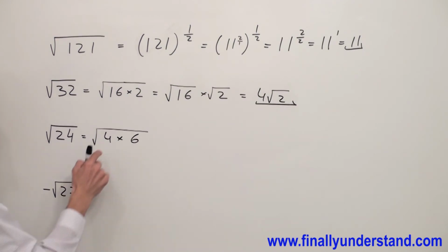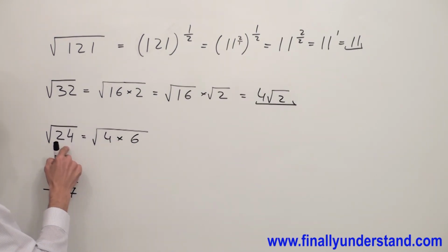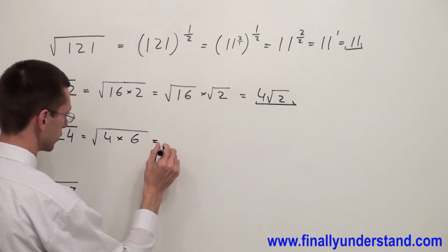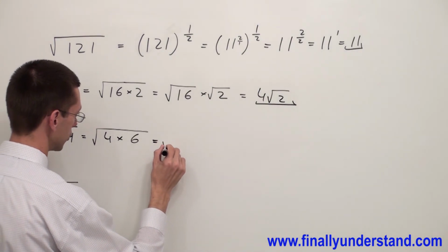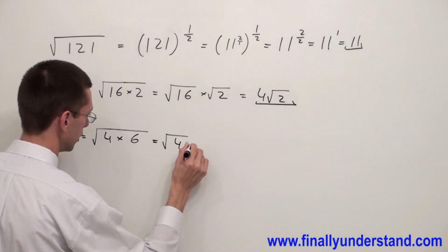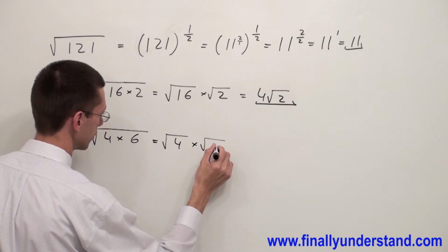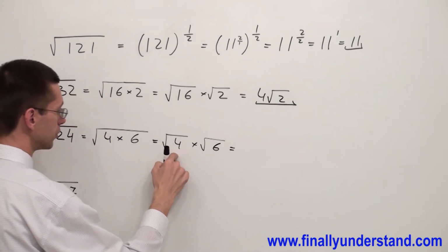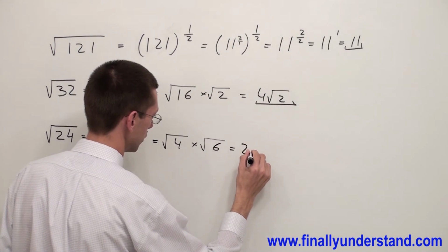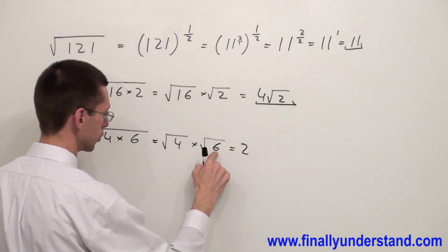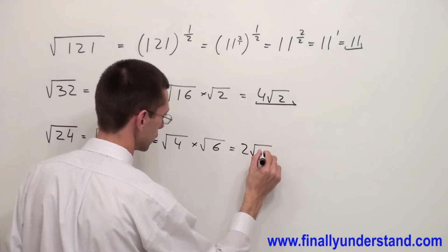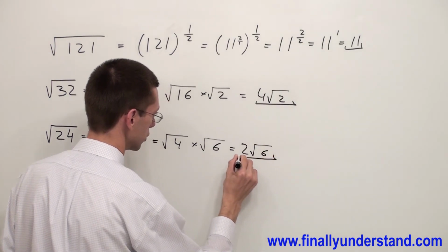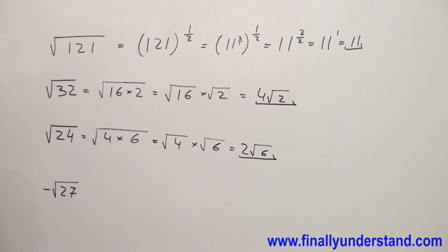Okay? 4 times 6 is equal to 24. And I'm going to use properties of radicals. I'm going to write square root of 4 times square root of 6. Square root of 4, we have learned, is equal to 2. I cannot do anything with square root of 6, just copy this down, square root of 6. That is the solution to my problem.